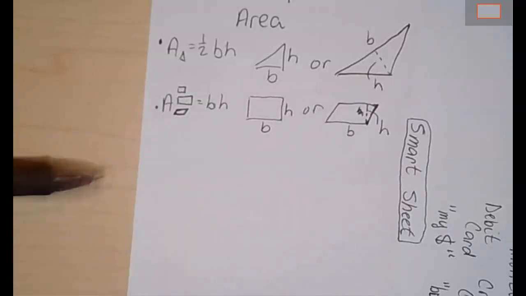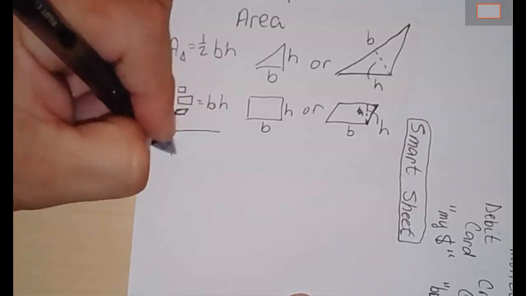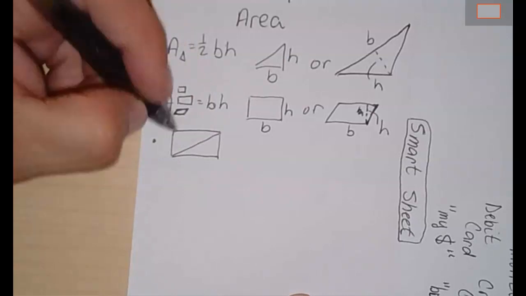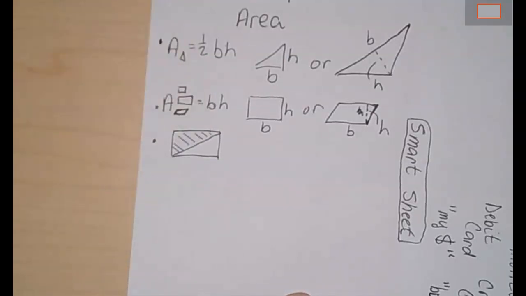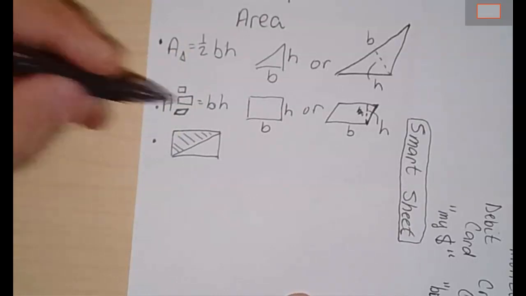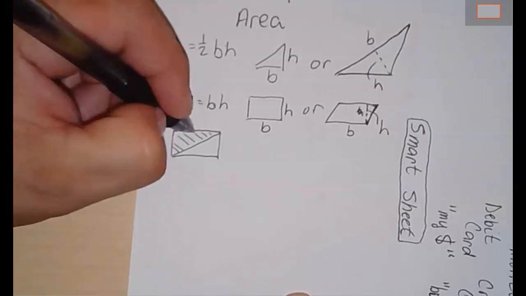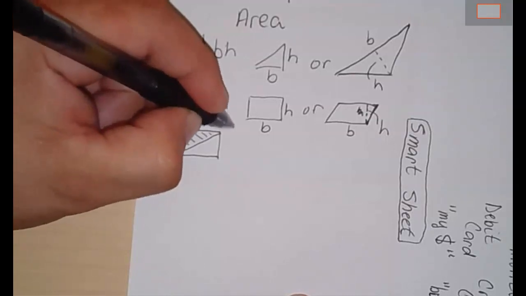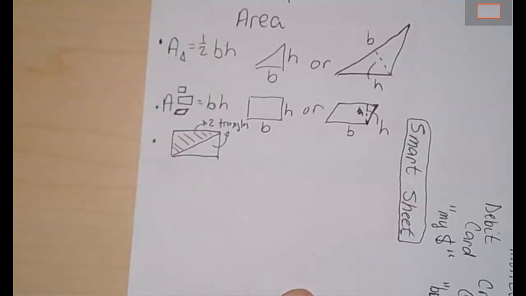And the last thing to mention here is something that you guys know, but you want to be aware that you actually know this: if you have a rectangle or even a square, and you chop it down the middle just like that, you get two triangles. So use that to your advantage.